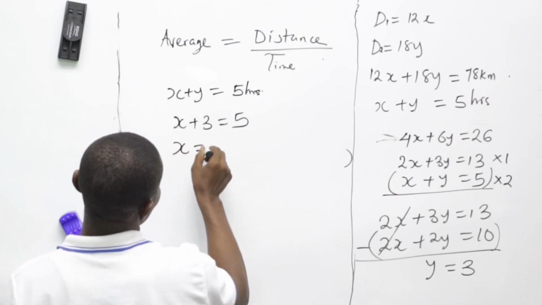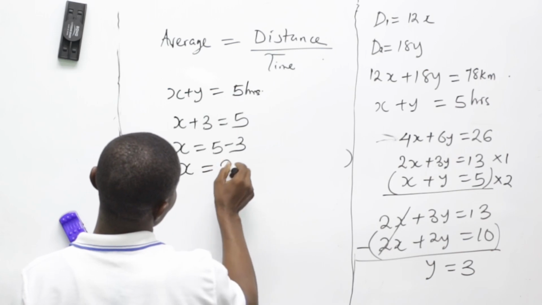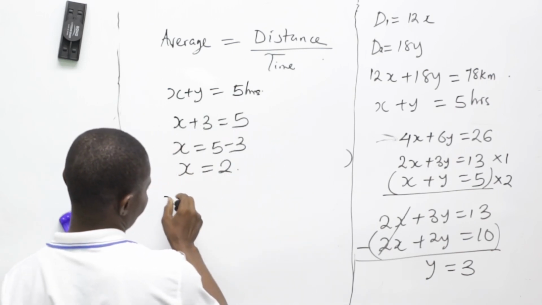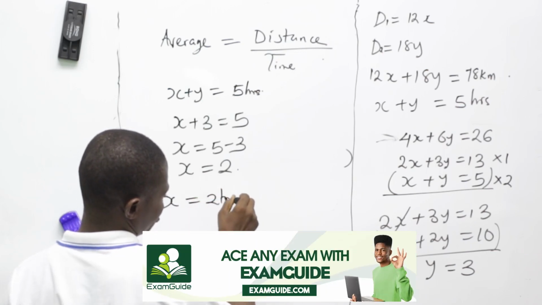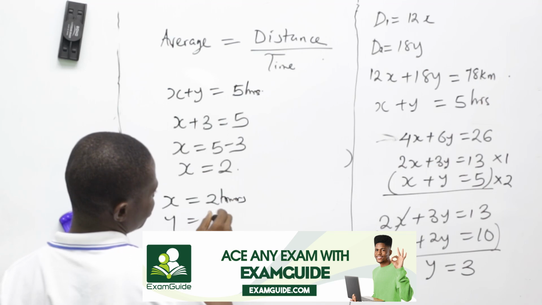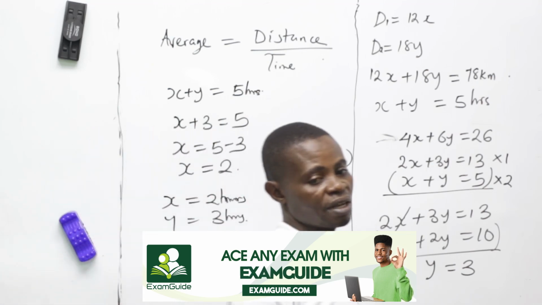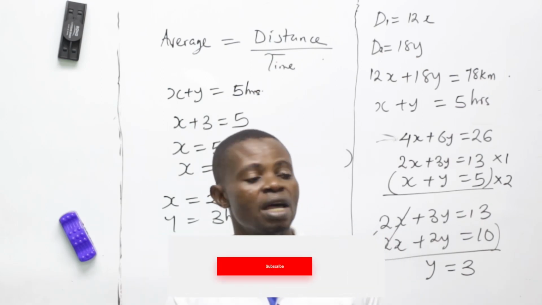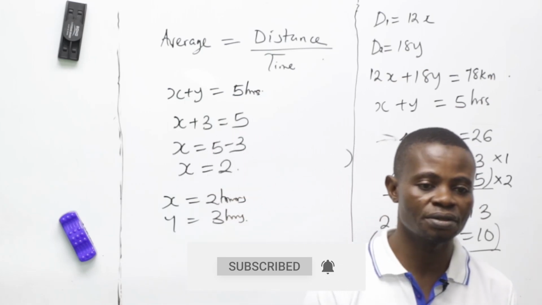So that x will now be 5 minus 3. x equals 2. Hence, x is 2 hours, y is 3 hours. Or just say the value of x and y, because they just say find x and y. Just say x is 2 and y is 3.